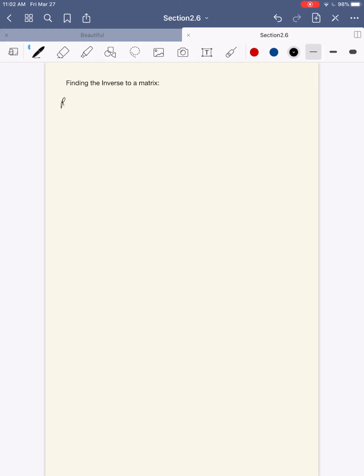So you should recall the main idea of the previous proof, right? We said that if A has an inverse, we called it A with that little -1 as our notation.